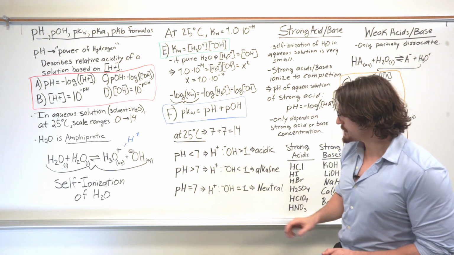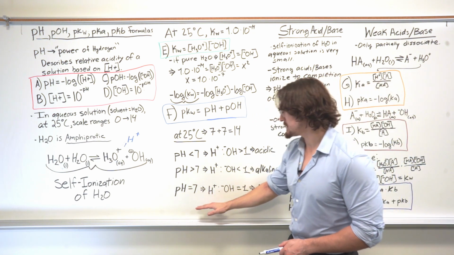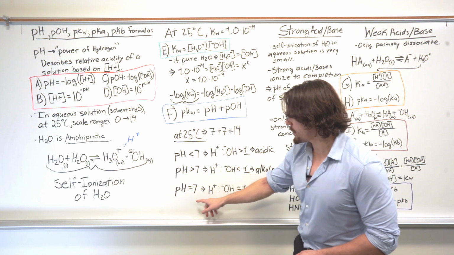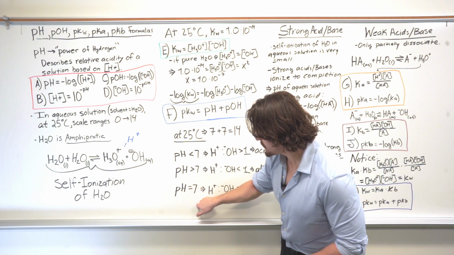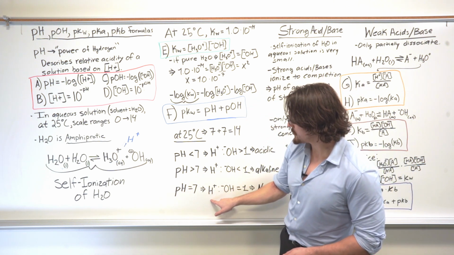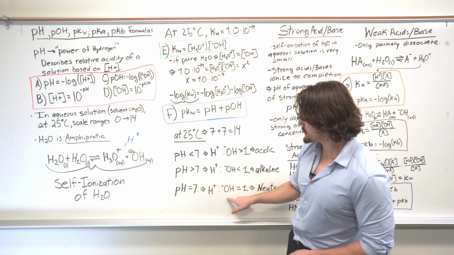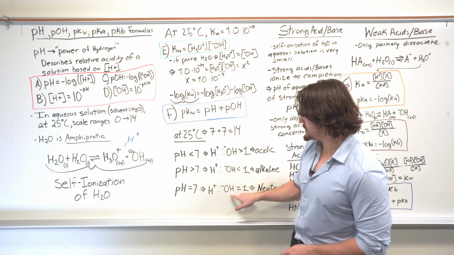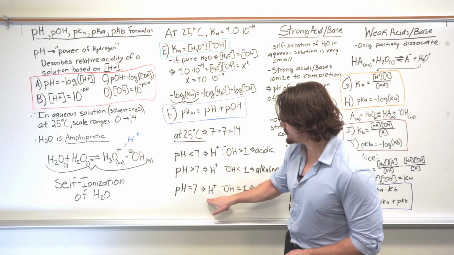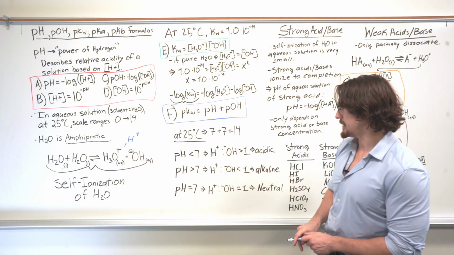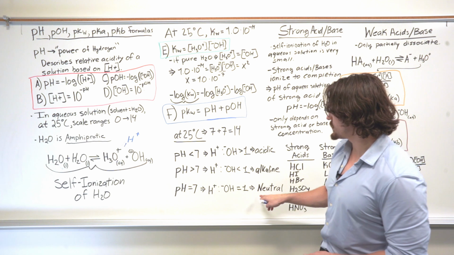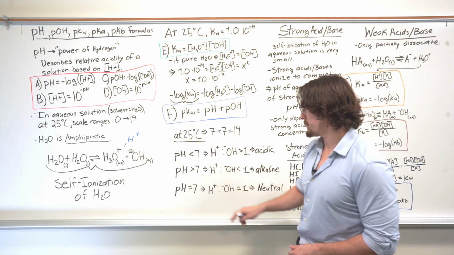Okay, so what's important is that at 25 degrees Celsius in pure water, it so happens that at a pH of 7, the proton concentration to hydroxide concentration ratio is equal to 1. So that means that there's equal amounts of protons and hydroxide anions, and so this solution is neutral because you have equal amounts of both, all right?